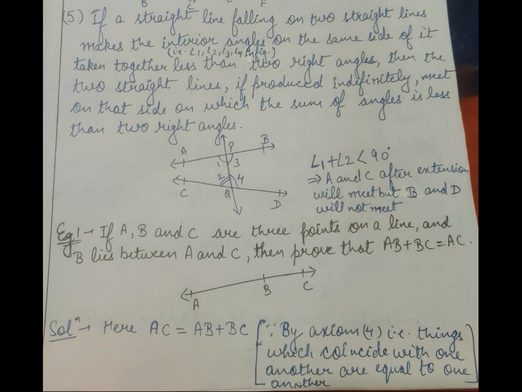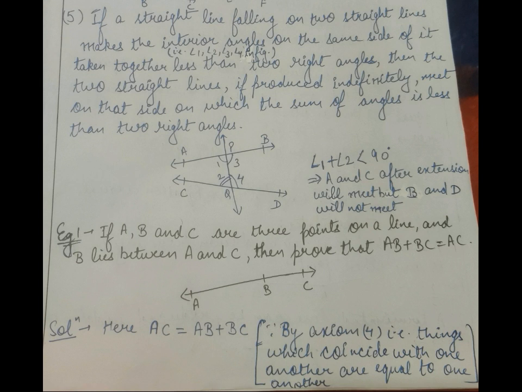Before that, let me tell you why to study these axioms and postulates. As we have already learned about point, line segment, surface and so on in our previous classes, and we have defined them also. But in their definitions, there are some terms which are still undefined. For example, a point.